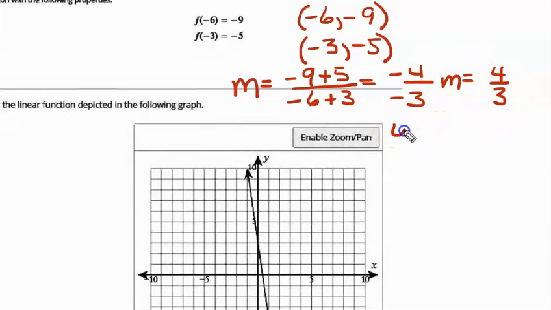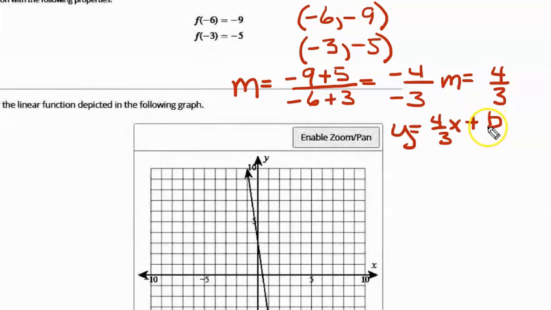Again, we can use slope-intercept form. y equals 4/3 x plus b. Now, we don't know what our b value is, but we could put one of these ordered pairs into this equation and figure out what b is.